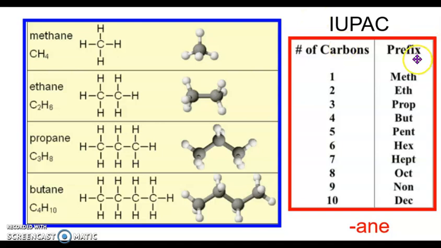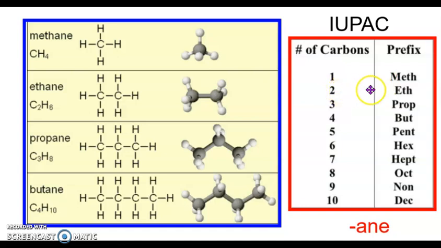Now the prefixes for 1 to 10 over here, in the CAPS documents say we only have to go up to 8 carbons. So if I say meth, now we've done methane before, meth actually represents 1 carbon.